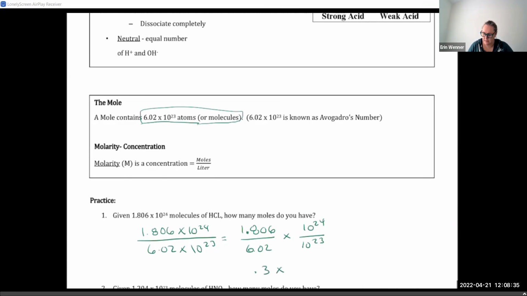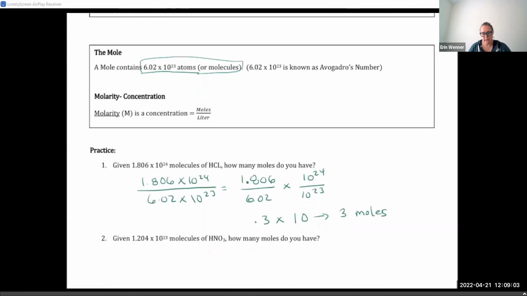And that's times 10 to the 24th over 10 to the 23rd. So all but 1 power of 10 cancels. So it's going to be times 10, which reduces to 3 moles. So again, to calculate the number of moles, you're taking the number of molecules they give you and dividing by the amount of molecules that are in 1 mole.